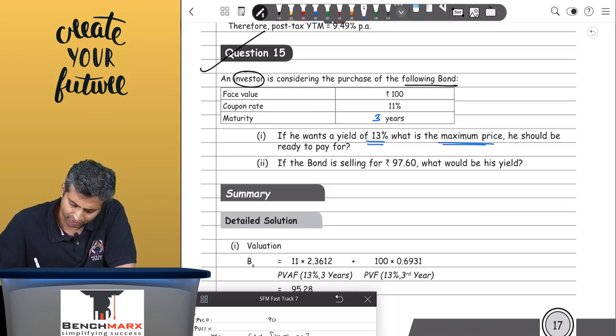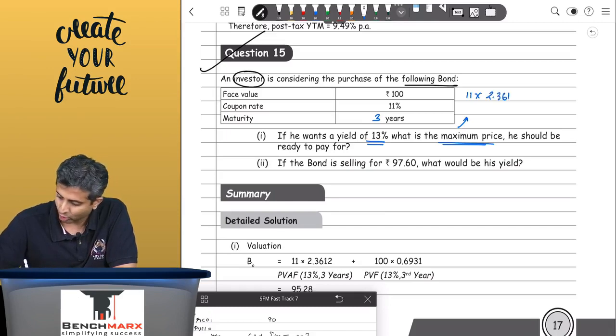So over here, he will pay a coupon of 11 into the present value annuity factor at the rate of 13%, 1 divided by 1.13 to the power 3. This is 2.3612, and 100 rupees into 1 divided by 1.13 to the power 3, this is 0.6931.